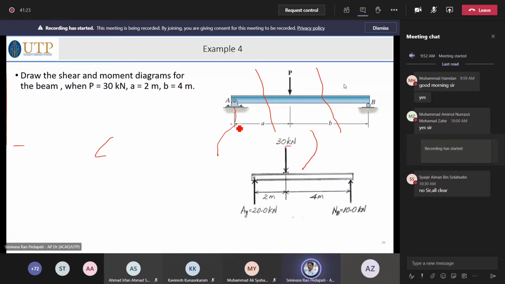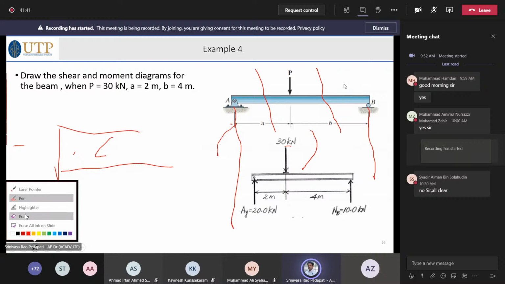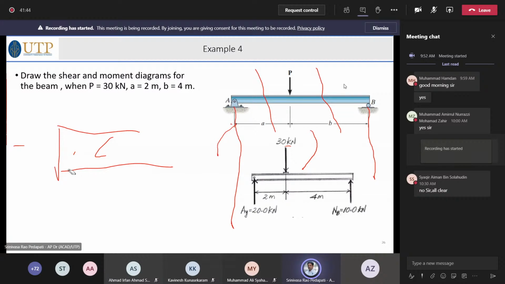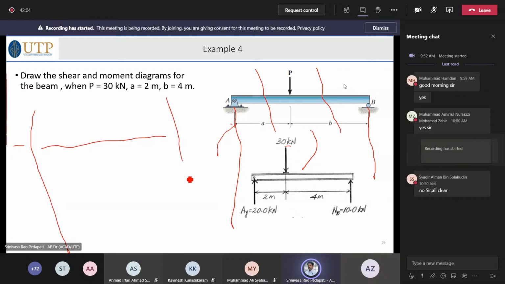So you have to draw, say for example, you have to consider the same length as you were to draw the moment shear force diagram. That means if this is your beam, and then you have to take the shear force bending moment diagram in the same width.